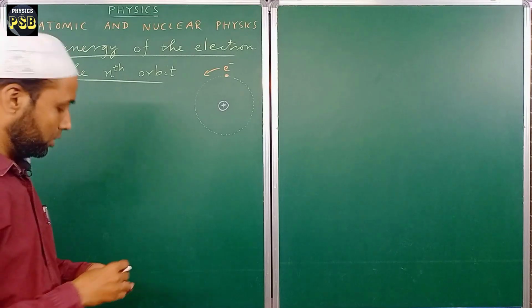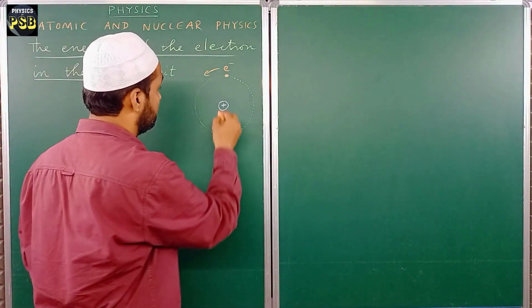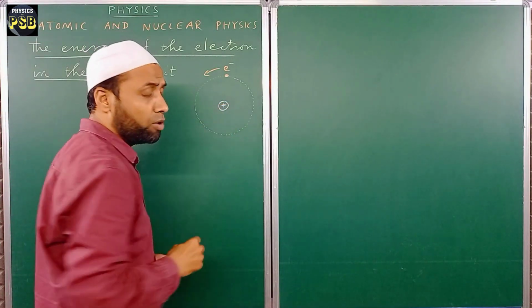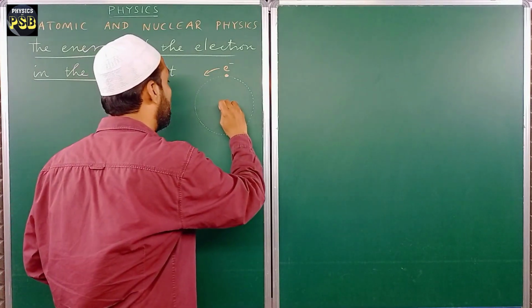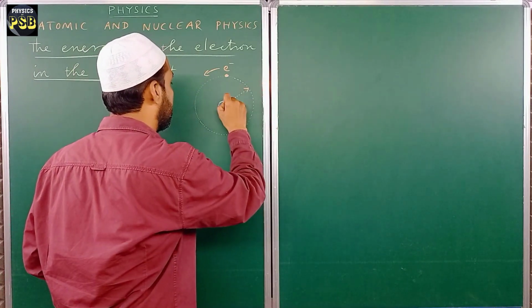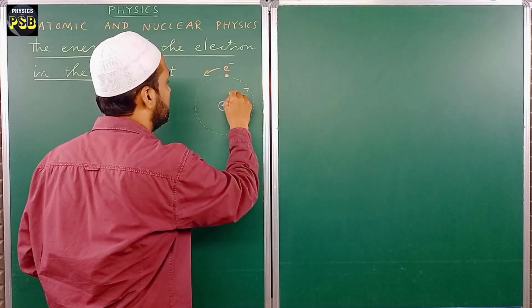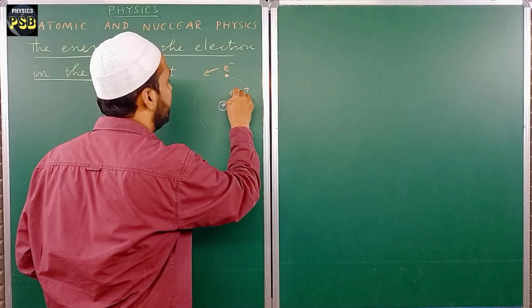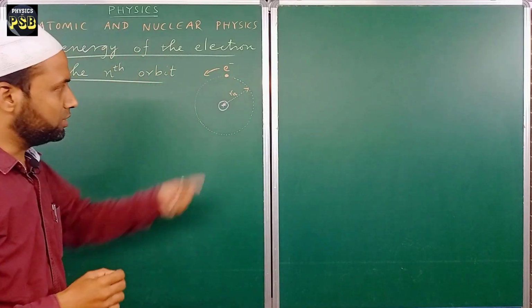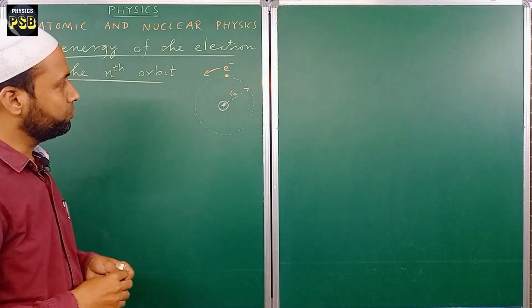Here, the distance from the center of the nucleus to the orbit is referred to as the radius of that particular orbit.